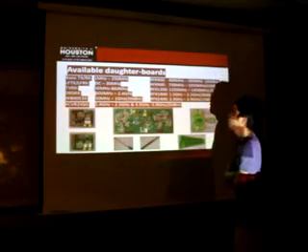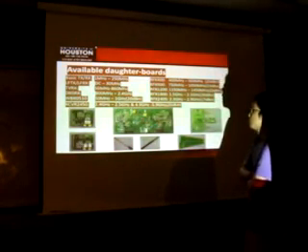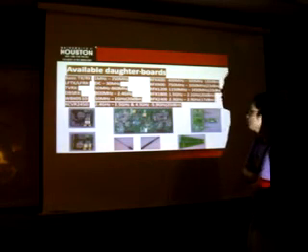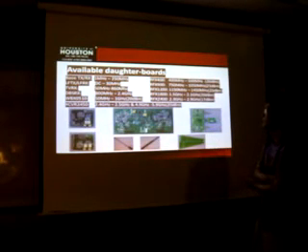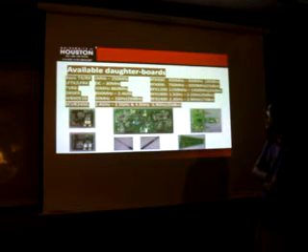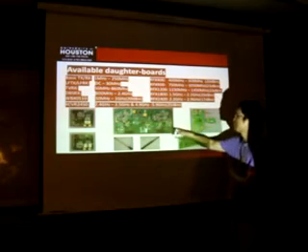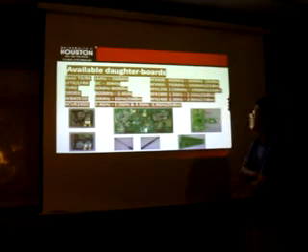Here are the available daughter boards of USRP. USRP has many daughter boards to support different frequency bands. The left two are the basic transmit and the basic receive. This one is most commonly used on the Wi-Fi frequency band.